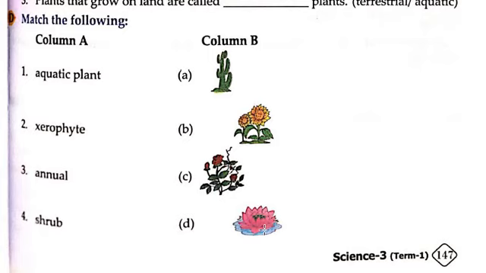They grow in water. Xerophyte. Cactus. Excellent, because xerophytes are the plants that grow in desert. Annual. Sunflower plant is an annual plant. Shrub. Rose plant is a shrub plant.